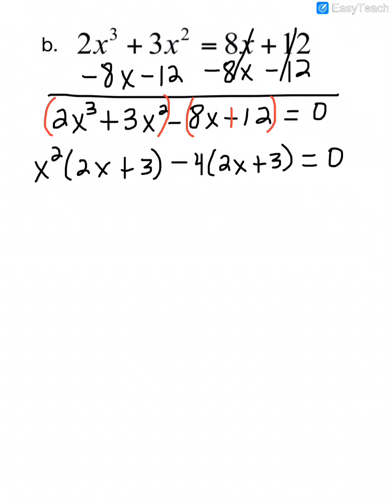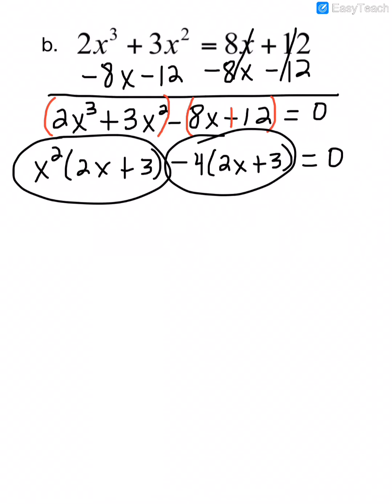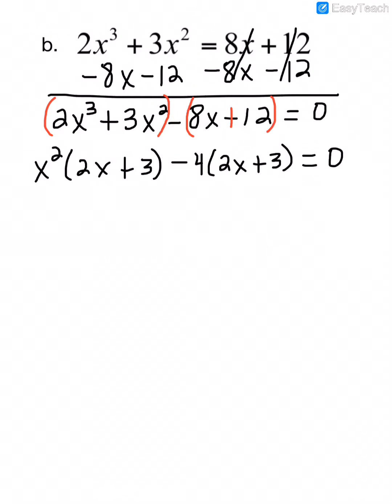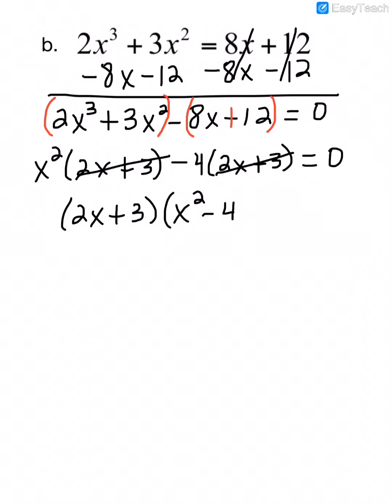Now, I take what's common in both groups. If I look at both of these groups, the thing that they have in common is the 2x plus 3. So I'm going to factor that out, and then I write what's left, which is x squared minus 4.